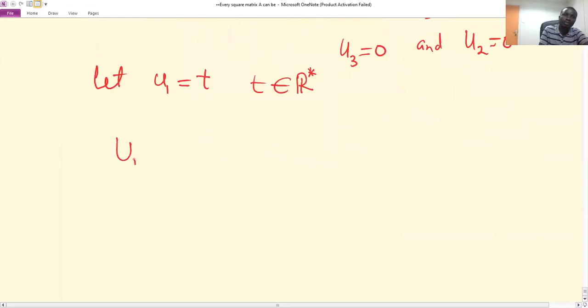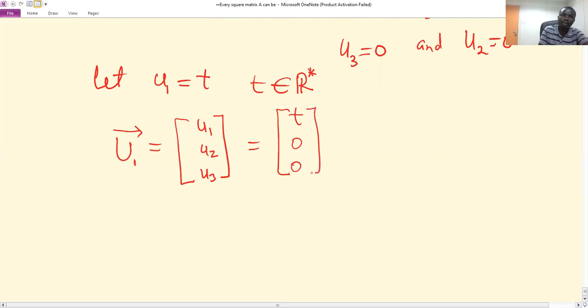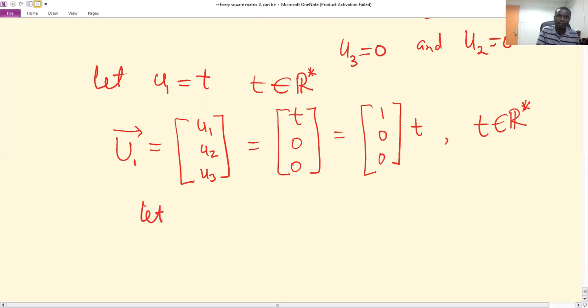So therefore, the vector u1, u2, u3 is given by u1 is t, u2 is 0, u3 is 0, which can be written as t times 1, 0, 0, and t is any non-zero real number. So letting t be 1, then u1 will be the vector 1, 0, 0.